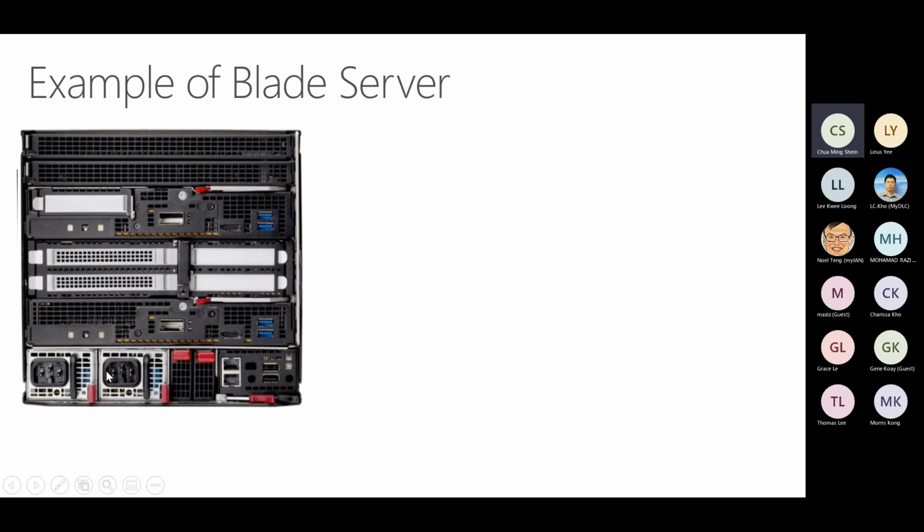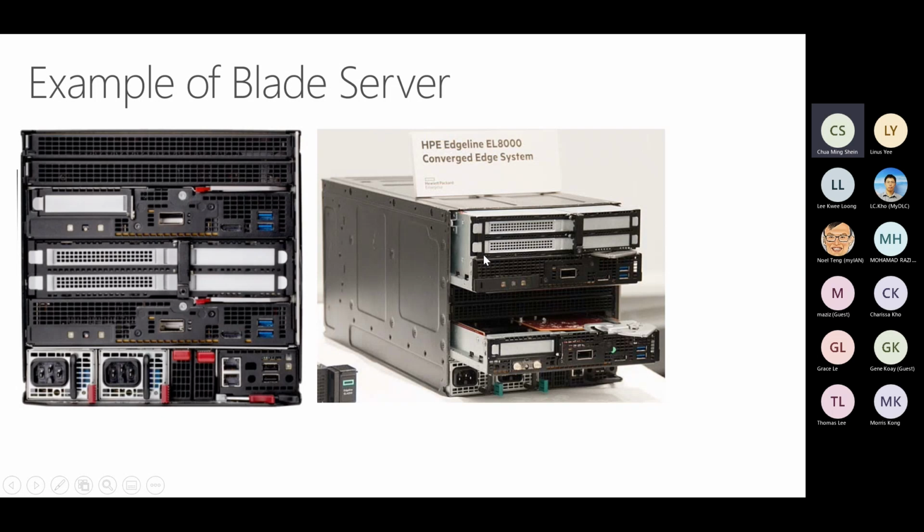You have the power supply, then the NIC card, and on top are the nodes. Another view is like this: you see the node, you can unplug the node out. This is an example of one chassis with four nodes.